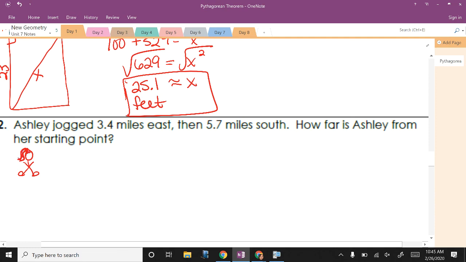She's got bangs too, because we don't want her bald. There's Ashley. Okay? I guess she needs a face. She's smiling. Run, run. Fast as you can. Can't catch me, I'm Ashley. Okay. She jogged 3.4 miles east. 3.4 miles. And then she jogged 5.7 miles south.